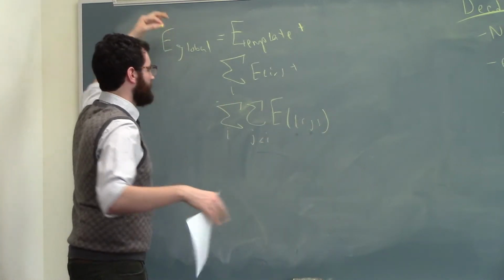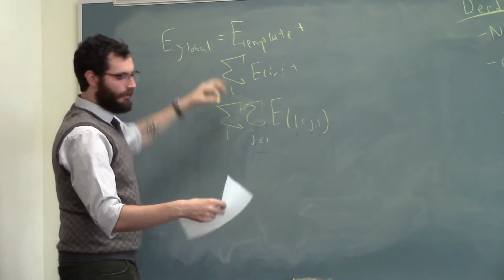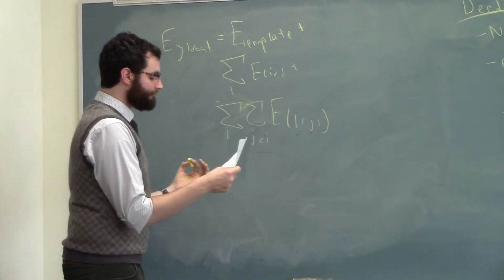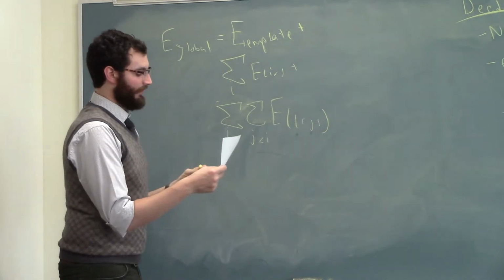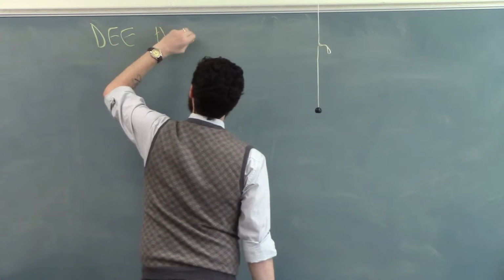So the total energy is the sum of all of these sums for every position in the entire protein.